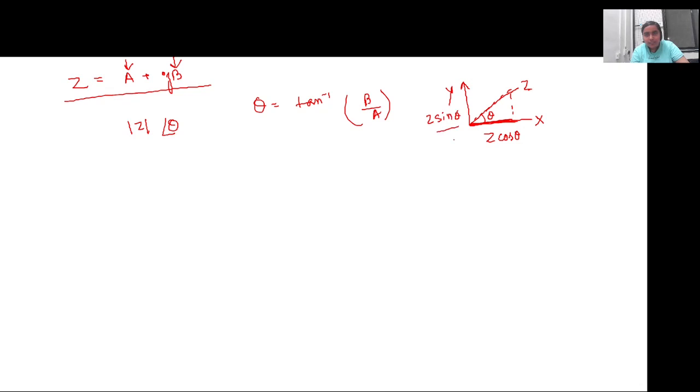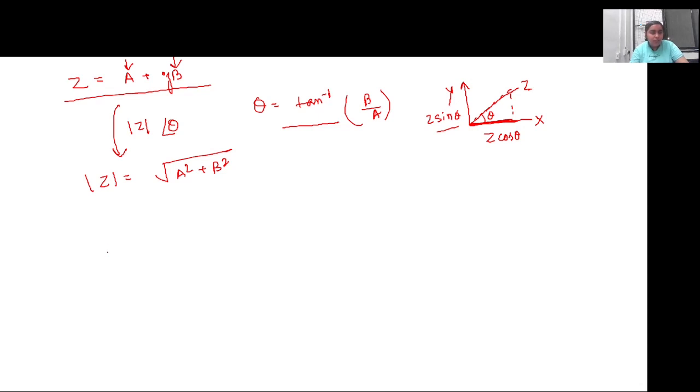So mod z will be equal to square root of a square plus b square, and theta will be equal to tan inverse of b by a.